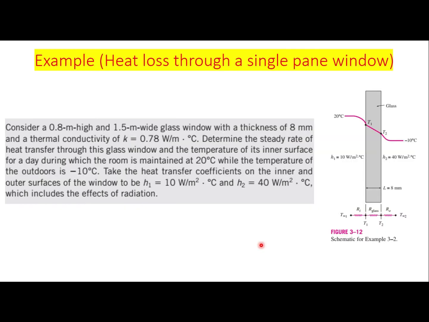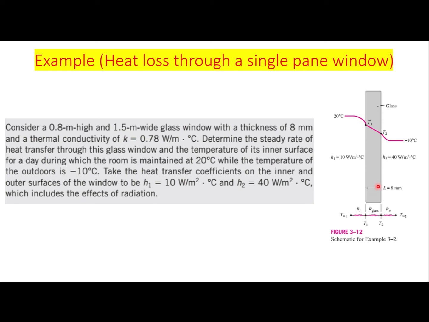This is another example, related to the heat loss through a single pane window. Here we have the dimensions of the window: a 0.8 meter high and 1.5 meter wide glass window with a thickness of only 8 millimeter, which has a thermal conductivity of k equal to 0.78 watt per meter per degree centigrade.